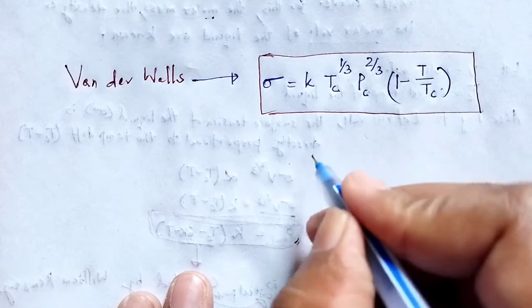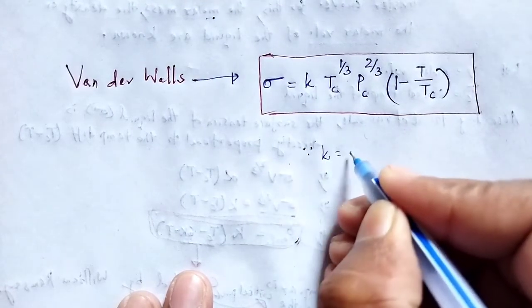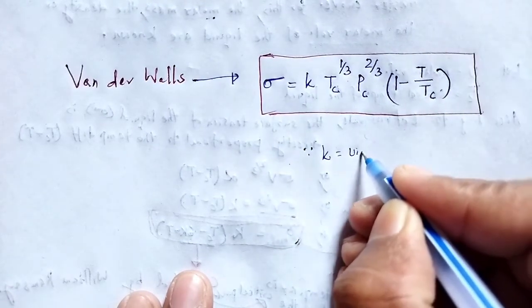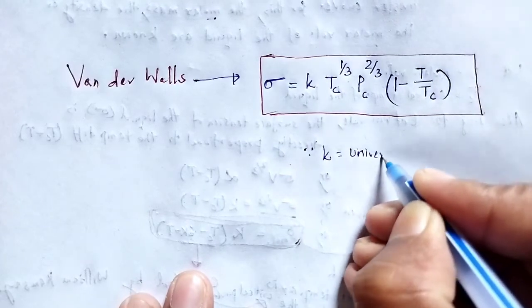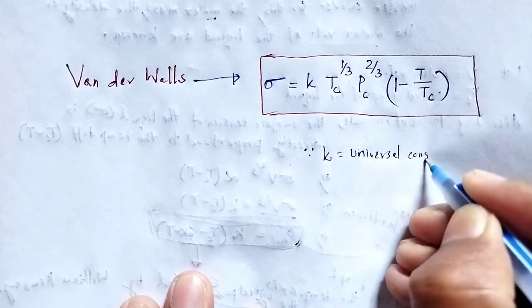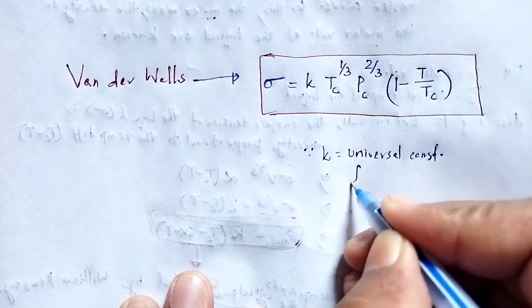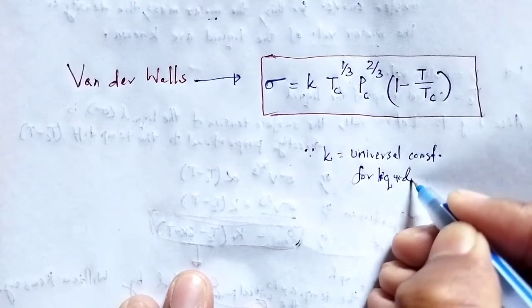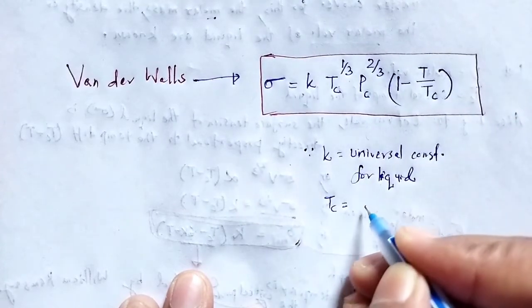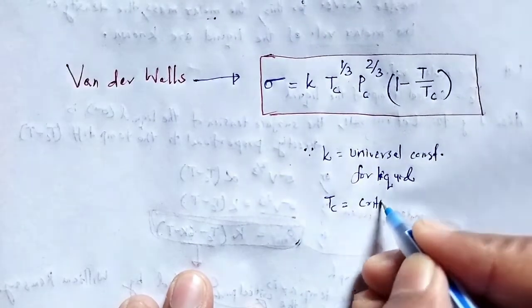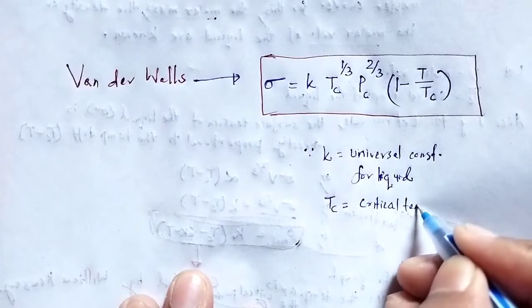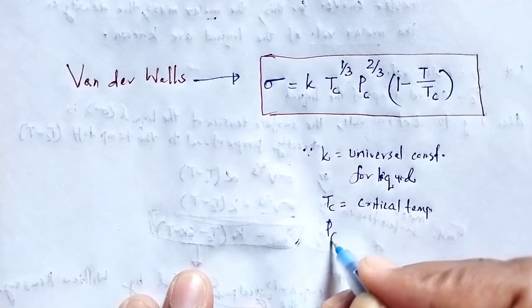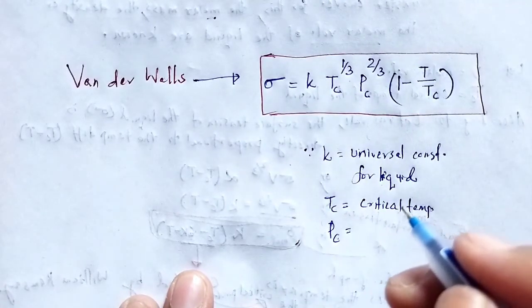Here k is the universal constant for all liquids, Tc is the critical temperature, and Pc is the critical pressure.